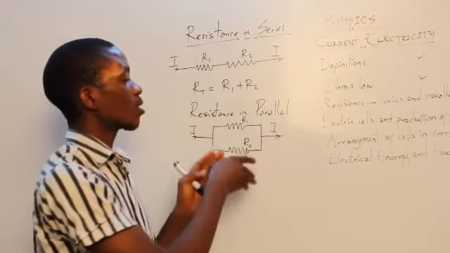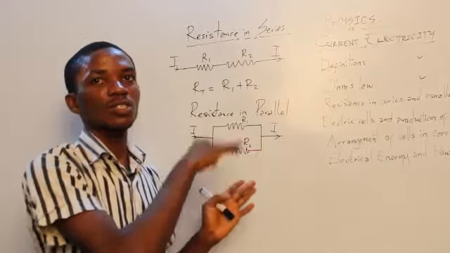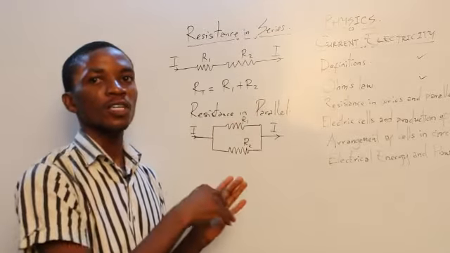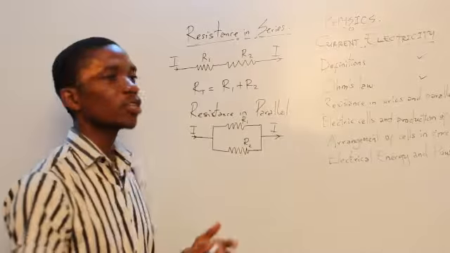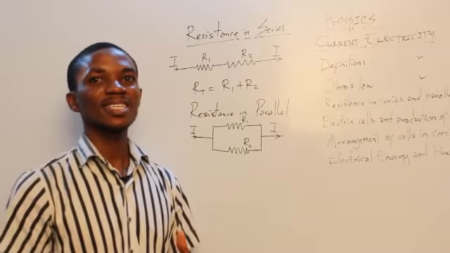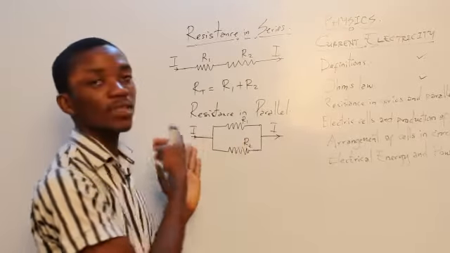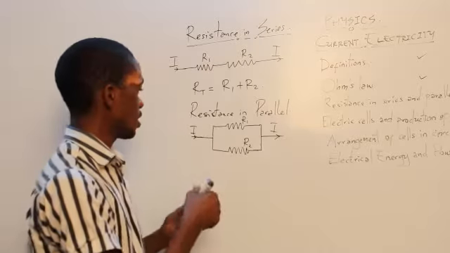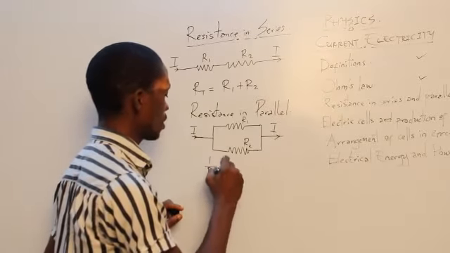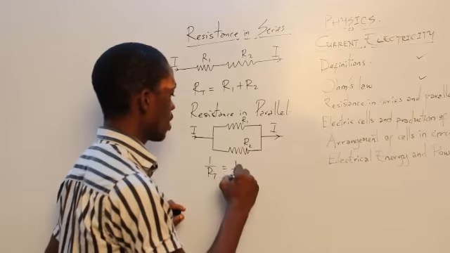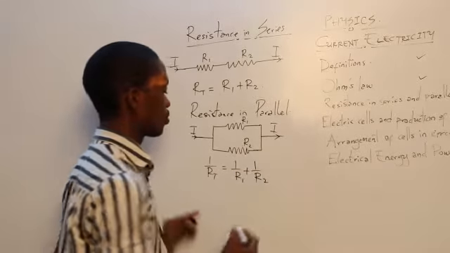So in this particular condition, if one of the resistors is cut off, the other one would remain unaffected. But the expression for calculating the total resistance that is experienced against the flow of this current is 1 over RT equals 1 over R1 plus 1 over R2.